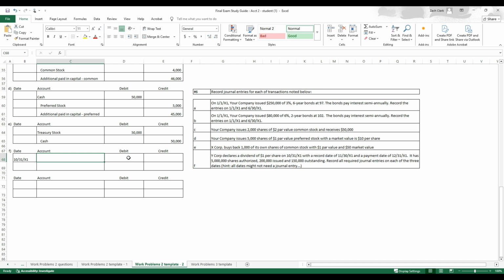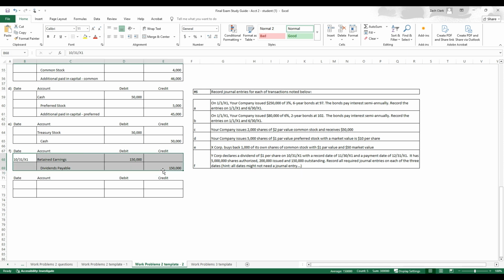Remember, we go to outstanding when we're doing our dividends payable entries, and retained earnings will be the debit. The payable is relatively straightforward. It's $1 per share, so it's just 150,000. If it was $2 per share, it would be 2 times 150,000, 300,000, and so on. Then our debit takes that out of retained earnings.